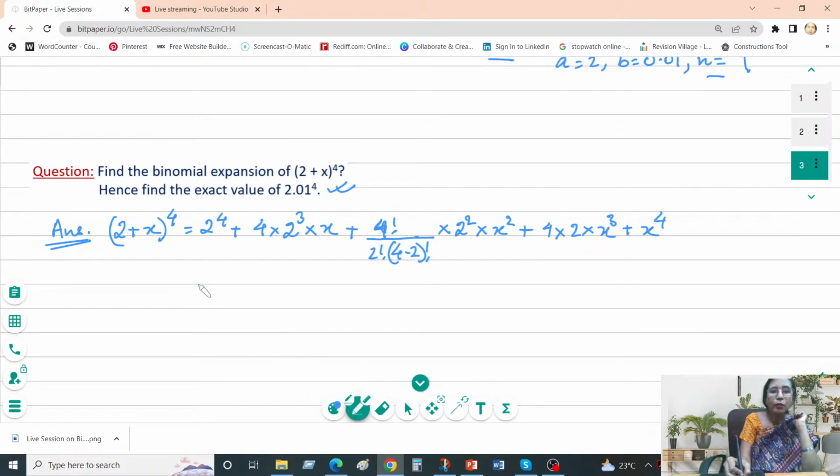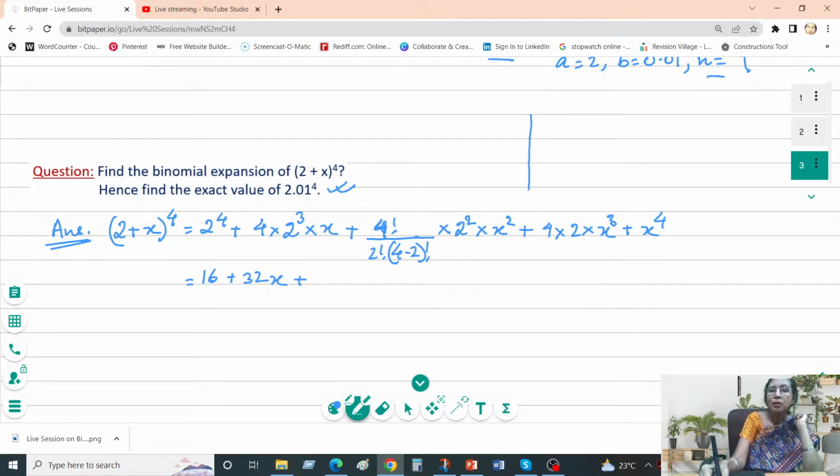So this is equal to 2 to the power of 4, which is 16, plus 2 to the power of 3 is 8, 8 times 4 is 32x, plus now 4 choose 2. Let me do this over here.